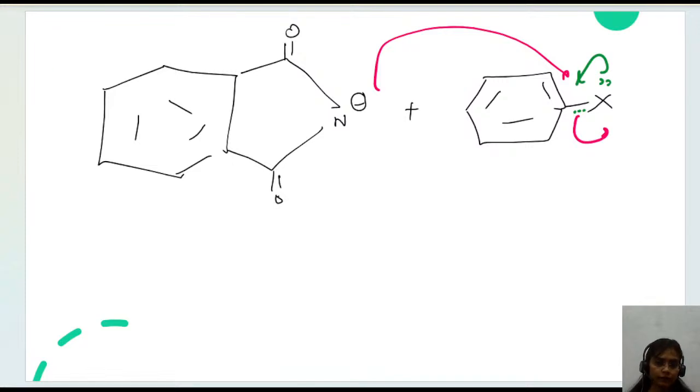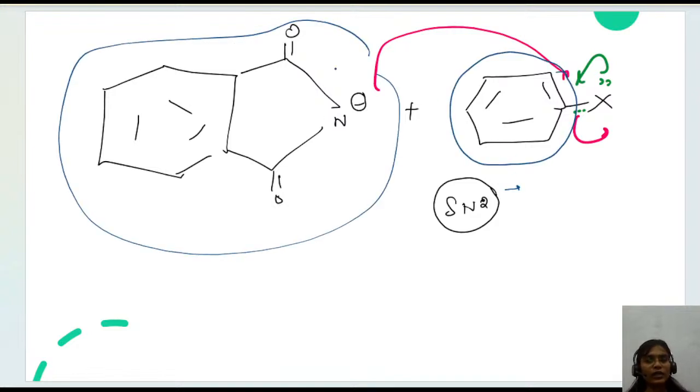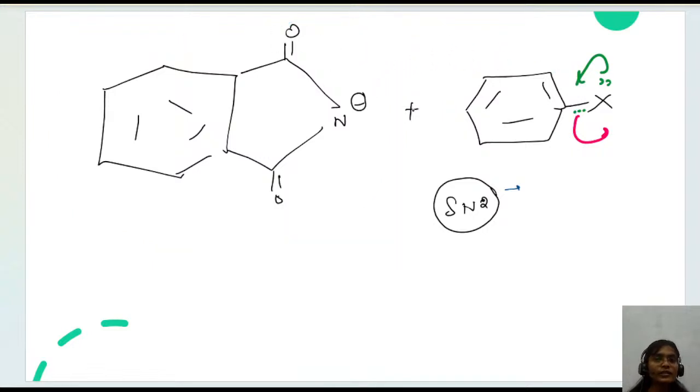Okay, and the second point is that in this case we are going to follow the SN2 mechanism, and just because of the SN2 mechanism this benzene ring is hindered, right? First of all, this is already a very giant molecule, and the phenyl ring is also there. So just because of the benzene ring, so much hindrance will be there.